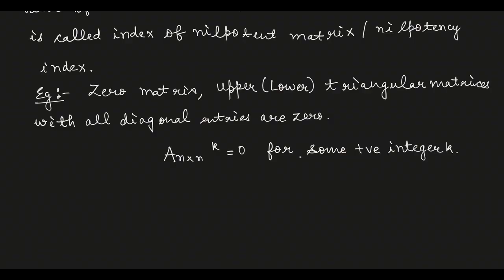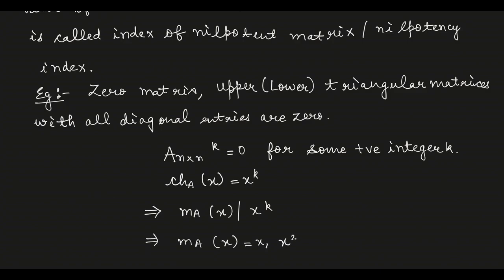Now by this we can see what the characteristic polynomial will be: x to the power n. And the minimal polynomial divides its characteristic polynomial. So the minimal polynomial can be x, x square, x cube, x to the power 4, and so on till x to the power k.